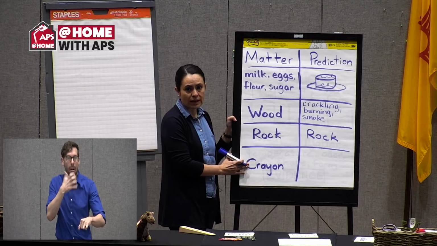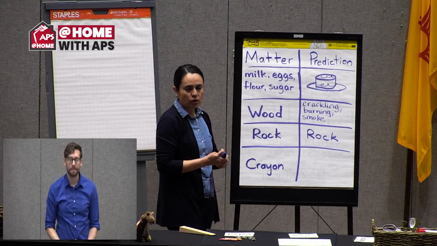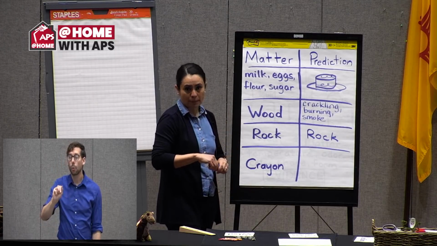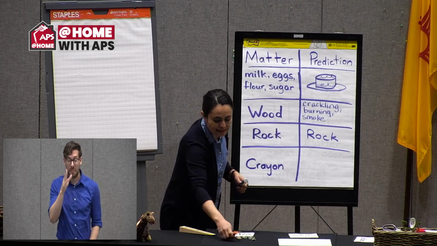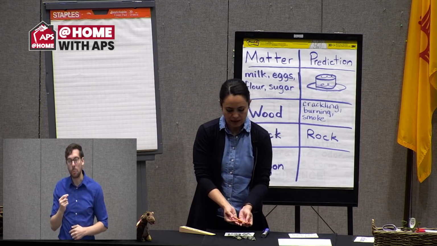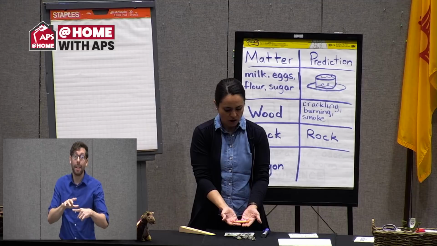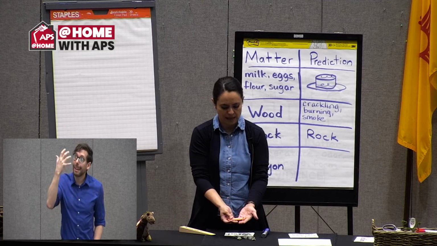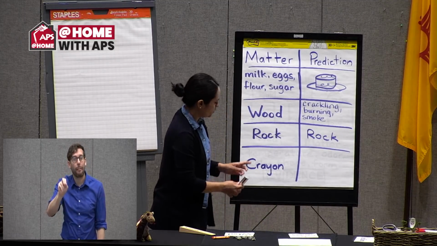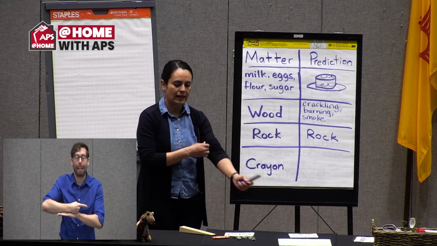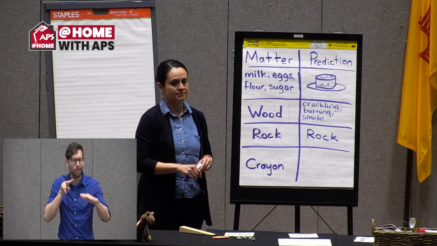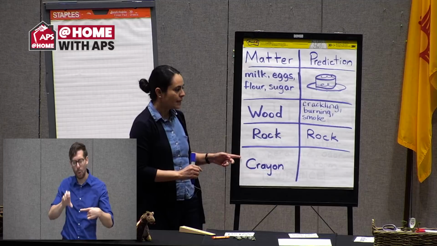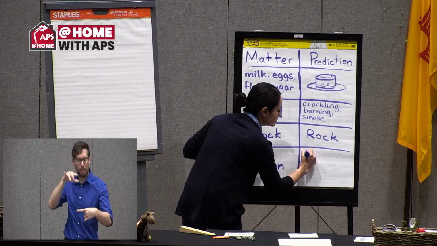What about a crayon? Maybe you've never heated a crayon on purpose, but you've accidentally left some crayons outside, in the car, on a hot summer day. What do you predict would happen when we add heat to a crayon? I predict it would melt.